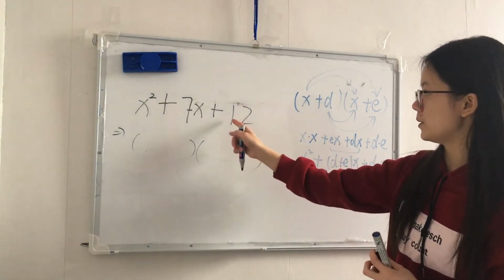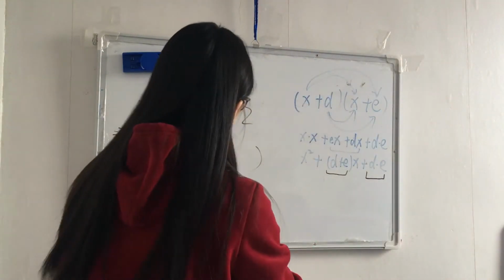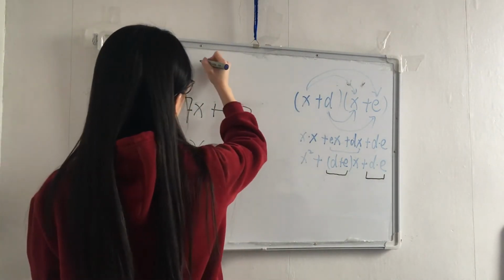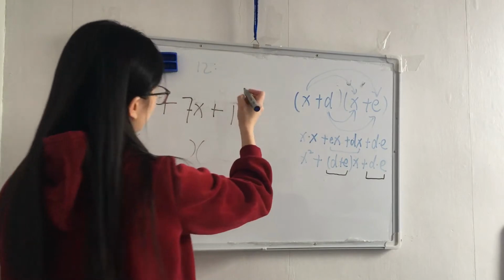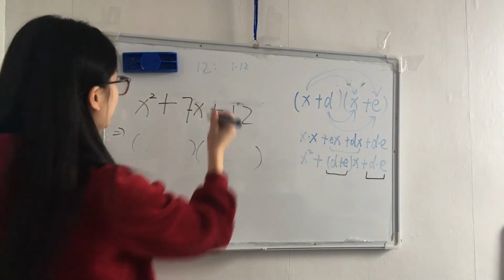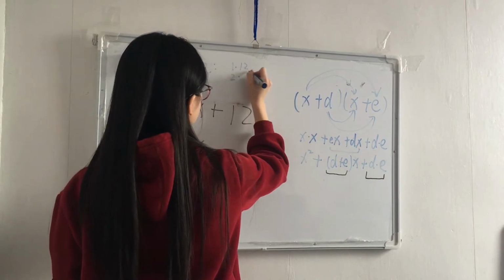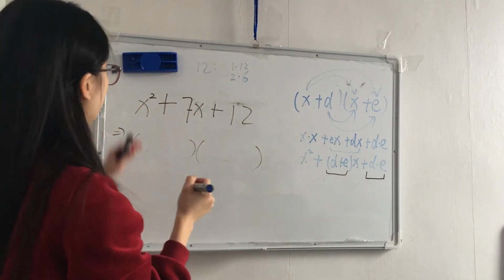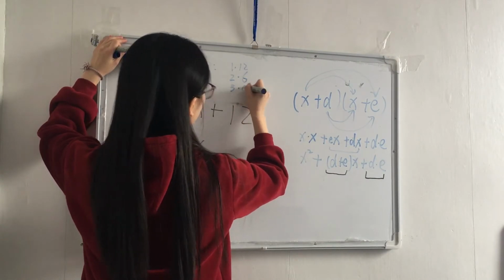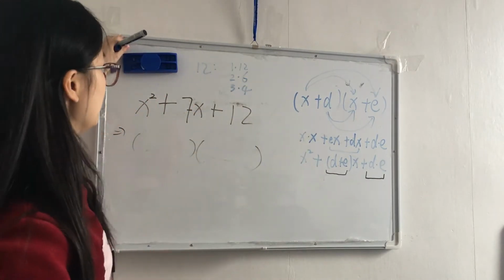So when we relate it to this, what are the factors for 12? We know the factors can be 1 times 12 is 12, right? Or 2 times 6 gives us 12. Or 3 times 4 also is 12. What else?